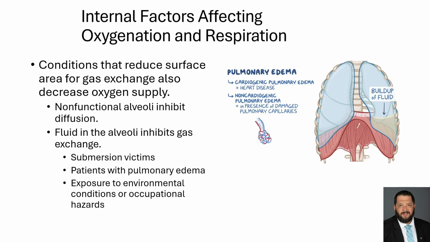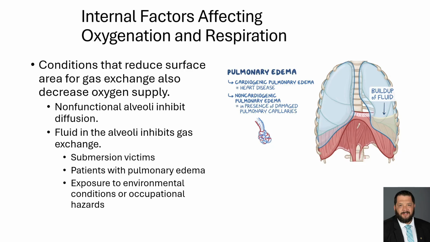There are also conditions that can affect oxygenation and respiration, so things like pulmonary edema or fluid in the lungs. This is where gas exchange may be occurring in the functional areas of the lungs, but these non-functional alveoli that are inhibited by fluid buildup, diffusion isn't occurring, and this can prevent that external respiration from happening. There may be a patent airway.